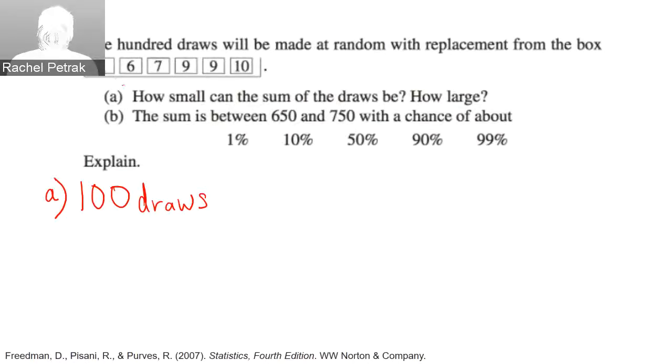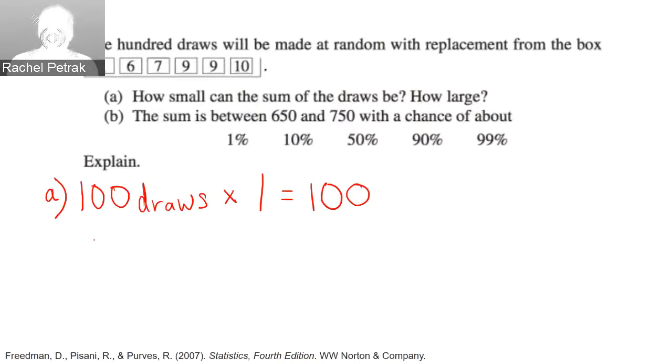And we're looking at the outer edges of our sum, the range of what the sums could be. In this case, the smallest could be 100 draws times the smallest value, 1. If we got 1 on each of our draws, then the smallest the sum could be is 100.